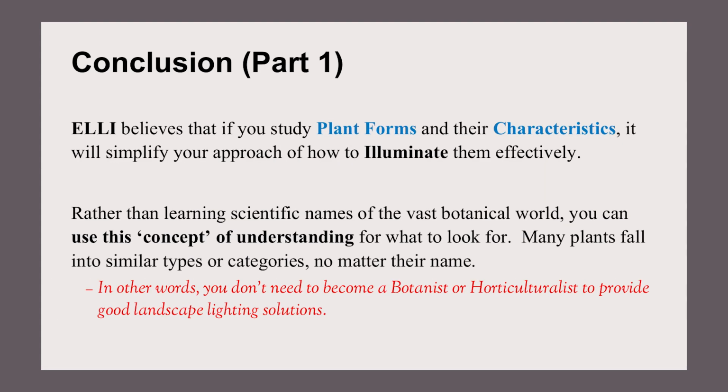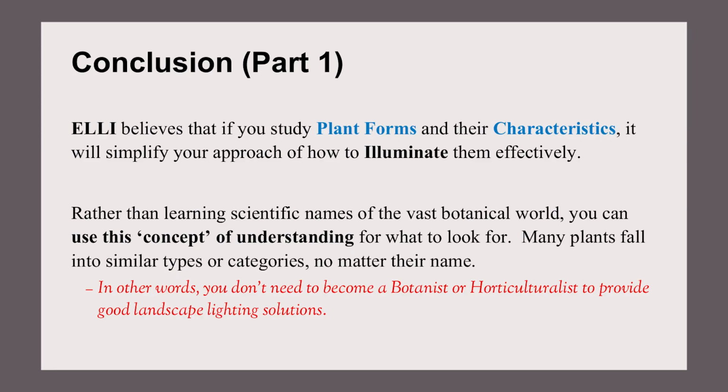And then on our last couple slides here, in conclusion to this part one, we believe that if you study plant forms and their characteristics, this will simplify your approach to how to illuminate plant materials effectively. And rather than learning all the scientific names like I had to do in college for my botany degree, there's no point in doing that.